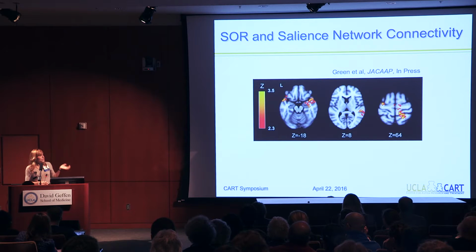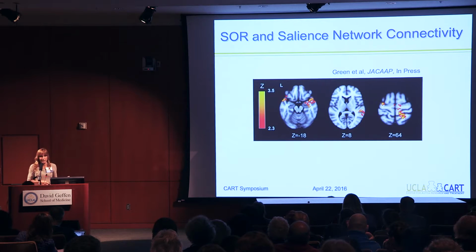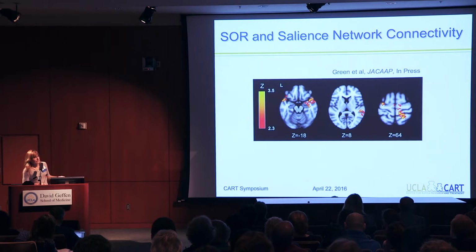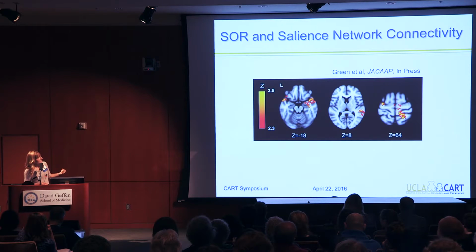But the important thing is, she wanted to see where this connectivity was modulated by the SOR composite scores that we had collected on the same children. So basically, we're trying to figure out to what extent the connectivity in the Salience network is modulated by SOR severity. And this is where we find that there was increased connectivity between the Salience network hub and the amygdala, the auditory cortices, and also the somatosensory cortices.